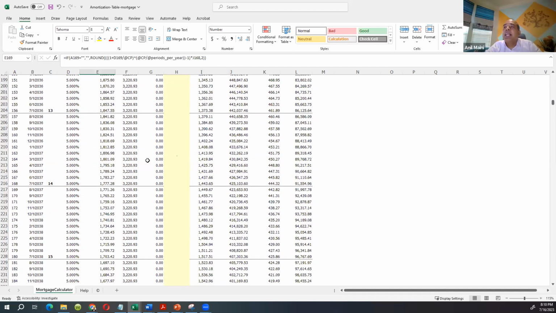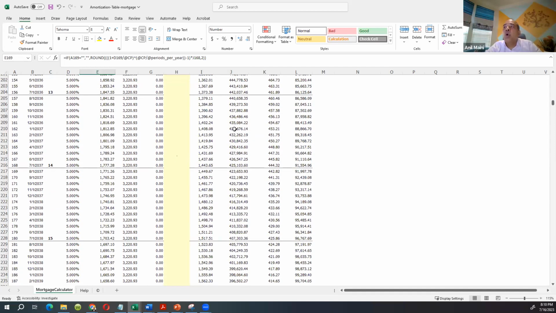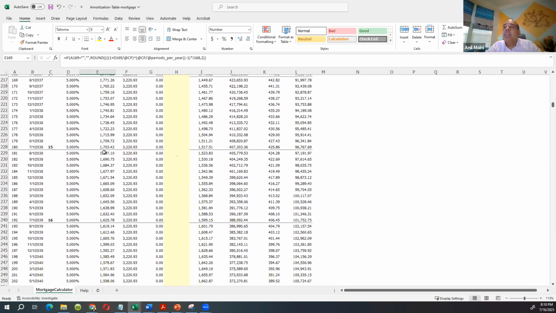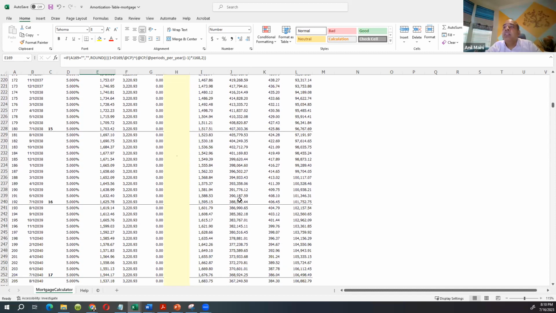And this table tells you exactly how much mortgage is left. So at the end of 15 years, if this person continues to make payments, the mortgage left will be around 388K. I will pause for any questions so far.